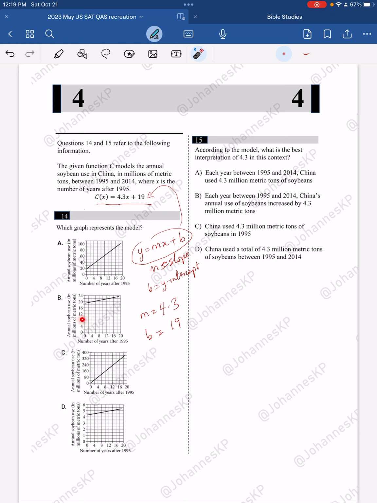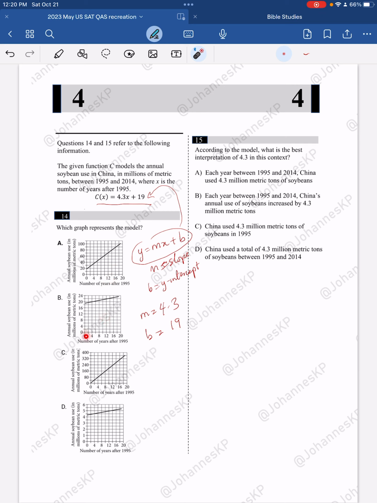Now let's check B. In B, the y-intercept is around 20, so it could be this one. For A, the y-intercept is also around 20, so it could also be this one. So we've eliminated two wrong options, and we are now left with two options.